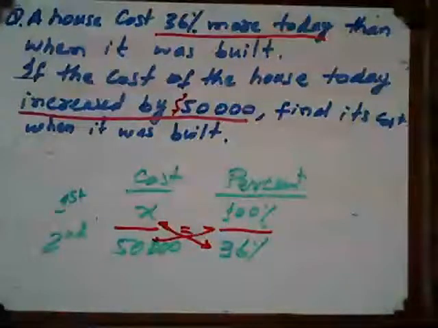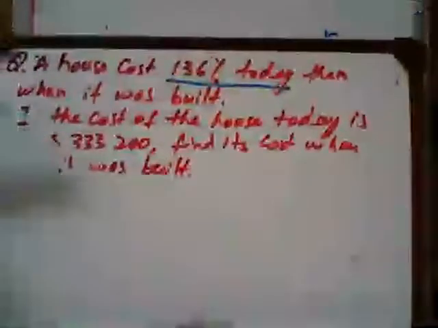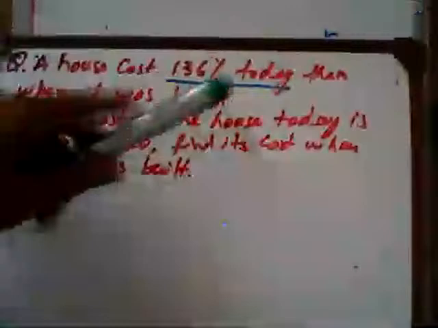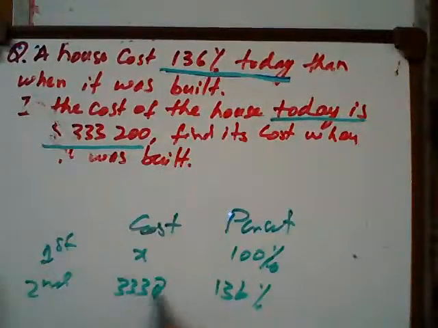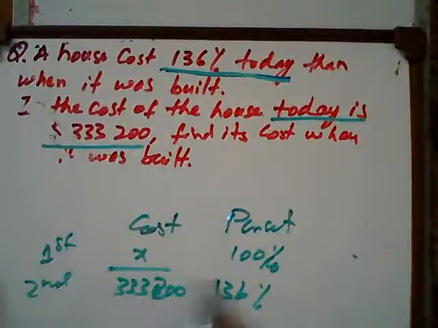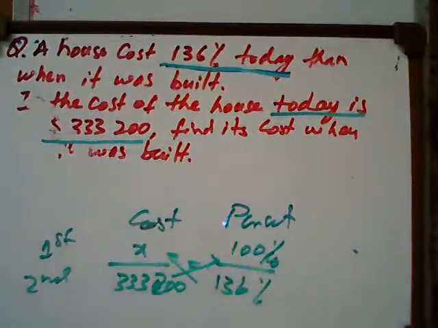Now come to the second question, which we are writing in the same way. Here it says a house costs 136% today, 33,200. So now we may compare and cross multiplication, and we may get the answer.